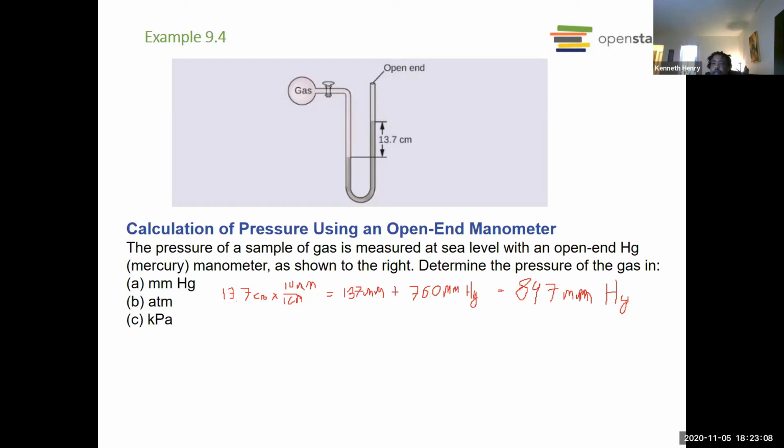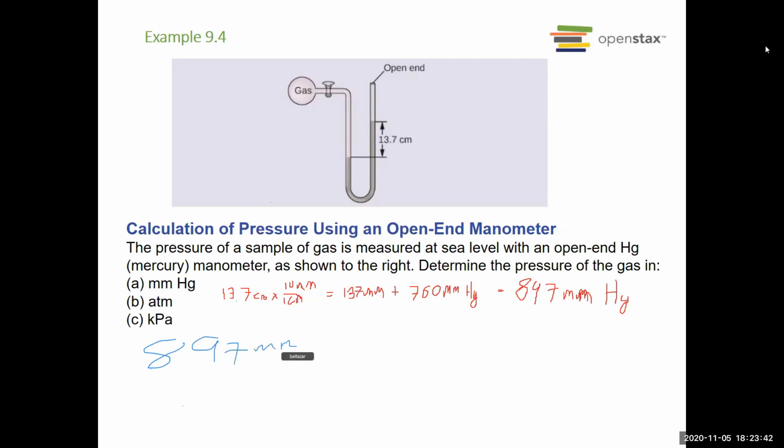Okay, good job. Baltazar, B, can you take what he has for A and convert it? And Primitivo, can you take what he has and change it to kilopascals?